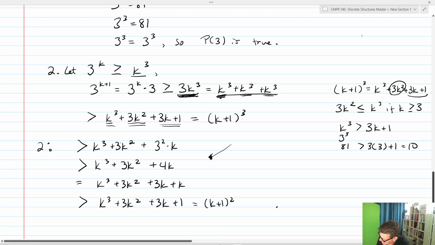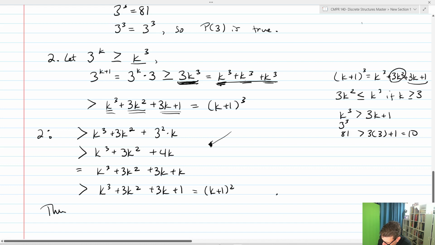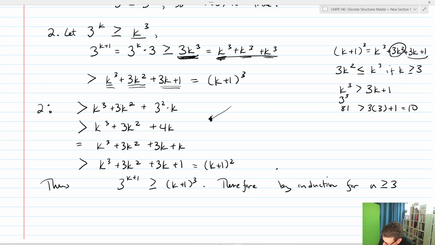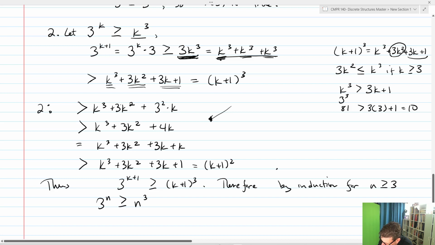So thus, what we get here is that 3 to the k plus 1 is greater than or equal to k plus 1 cubed. And therefore, by induction, for n greater than or equal to 3, 3 to the n is greater than or equal to n cubed.